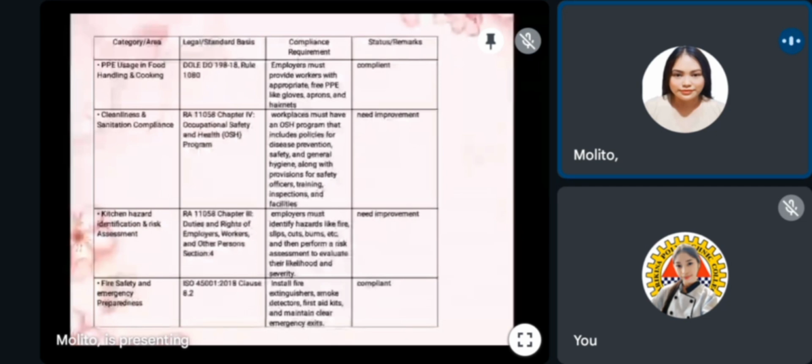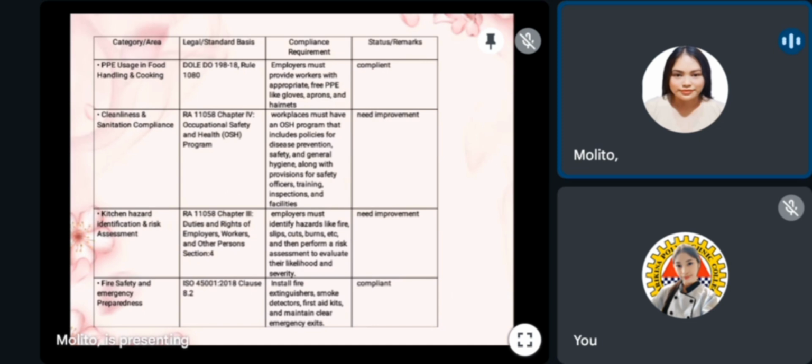Number 1. Why were those items included? These items like PPE usage, cleanliness, hazard identification, and fire safety were included because they represent the fundamental pillars of occupational safety and health. In a food handling or kitchen environment, they are non-negotiable standards required to protect these groups.